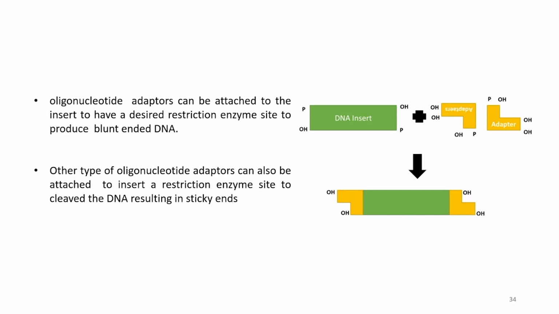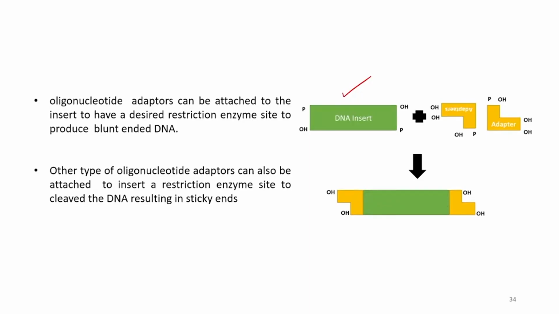Besides these, oligonucleotide adapters can be attached to the insert to introduce a desired restriction enzyme site to the blunt-ended DNA. So, this is a DNA insert, and then we have the adapters over here, and we added the adapters to the 5' and the 3' end of this particular DNA insert, and these adapters have certain restriction sites which will be compatible in the cloning reaction.